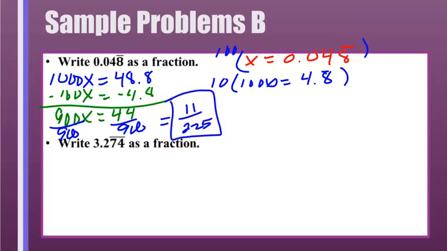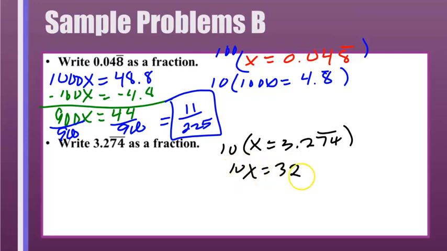And our last one here, we got x equaling 3.274 with the 74 being repeated. We're going to have to multiply that by 10. So we have 10x equaling 32.74 with the 74 being repeated.